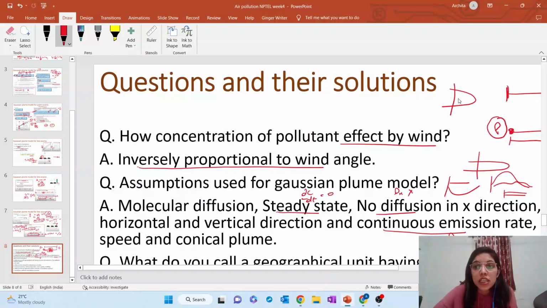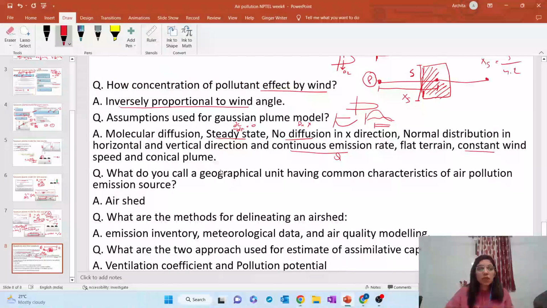Normal distribution means that the amount of diffusion in the y direction is equivalent to the amount of diffusion in the z direction. Okay, that is also an assumption. And the same for the conical plume. So these are some of the assumptions that are being taken.